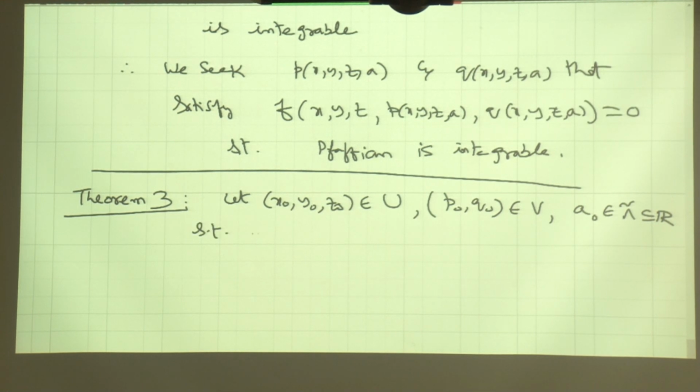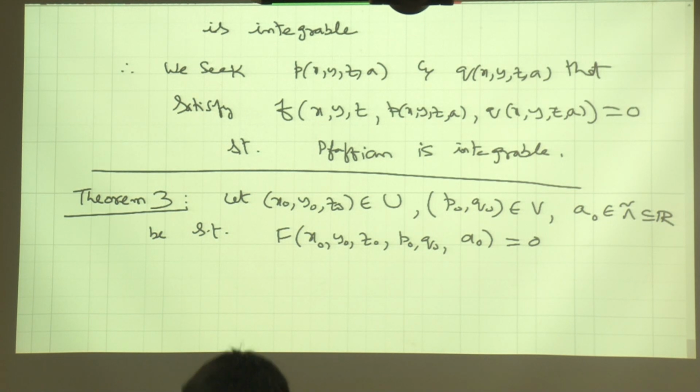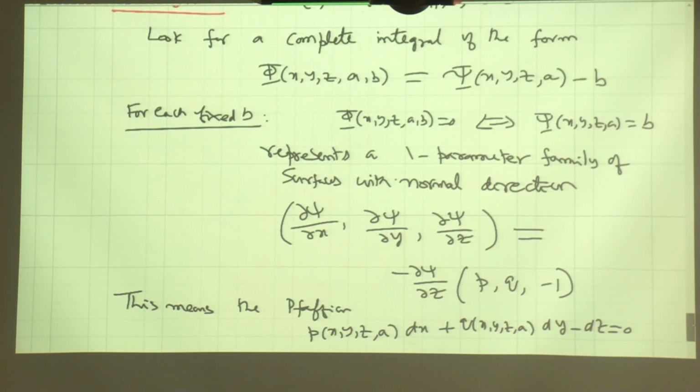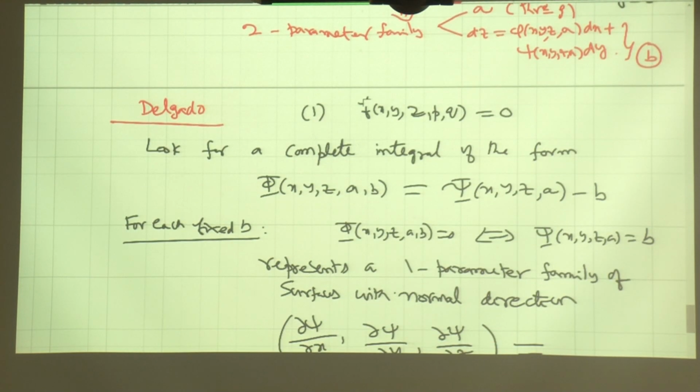Such that, let these points be such that my F solves F of x naught, y naught, z naught, p naught, q naught equals 0. In other words, I am getting a solution of my F. Here the F is the capital F. The PDE that we plan to solve is not small f but capital F. That's a difference.